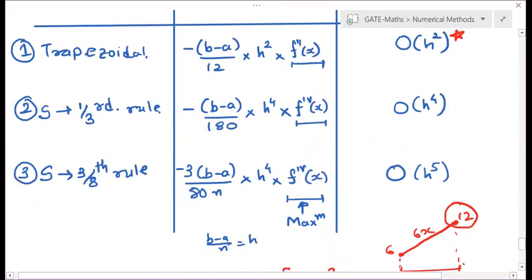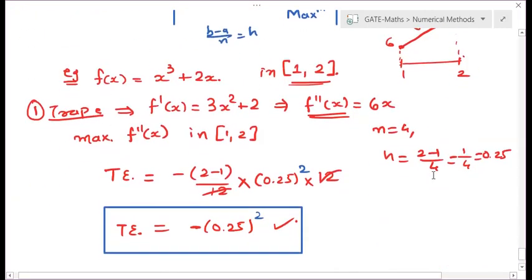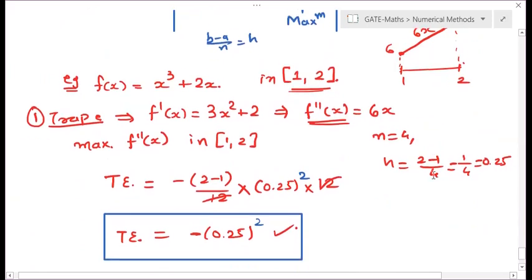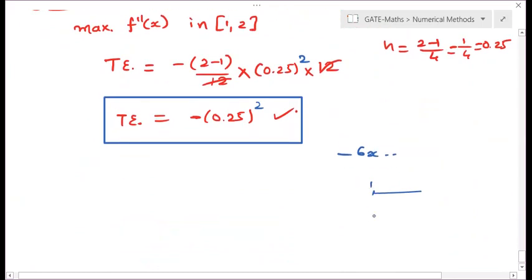So just you need to analyze your graph, that your graph is giving the maximum value at which point. Suppose instead of plus 6x here, it will be minus 6x, with the same graph from 1 to 2. So at 1 you will get minus 6, and at 2 you will get minus 12.